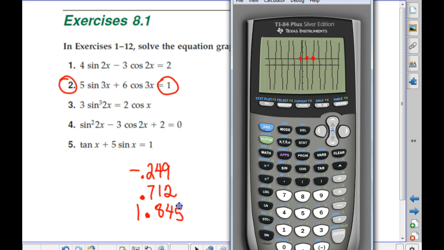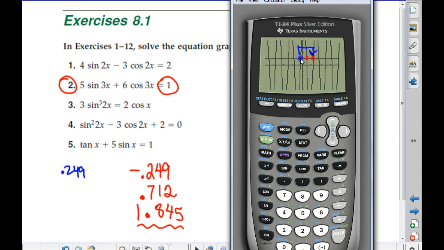Everybody clear that those are the 3 points right here? All right, these are the 2 answers closest to the origin, and then they start to repeat, and this is where the next answer is. What we want to know is how far is it from here to here? So I want you to think about this. From negative 0.249 to 0 is how far? 0.249.